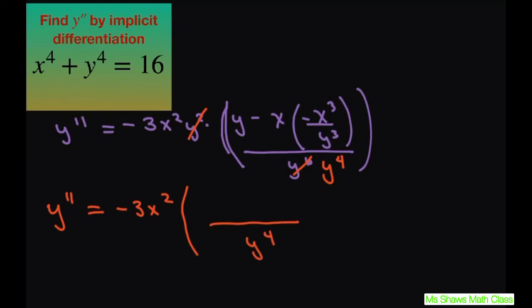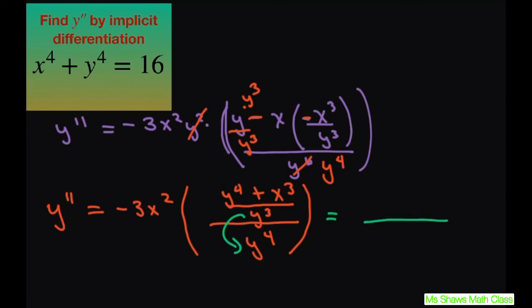So I need a y cubed. I want this all to be under y cubed. So I put a y cubed here. So this is going to be times y cubed here. So that's going to give me y to the fourth. These two negatives make a positive, plus x cubed. All right. Now, I can bring this down. So that's going to give me y to the 7th.